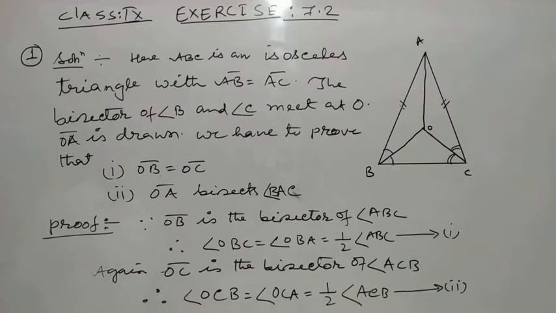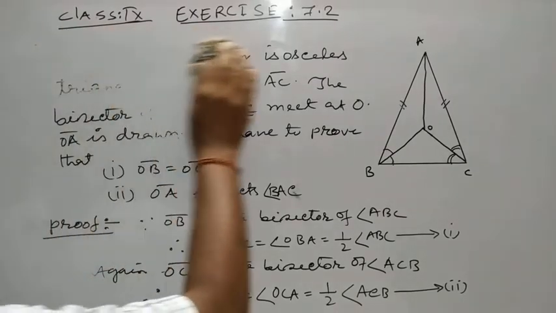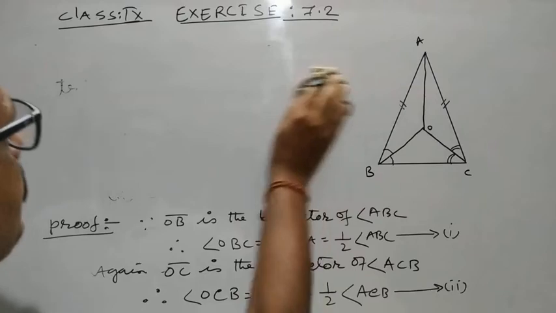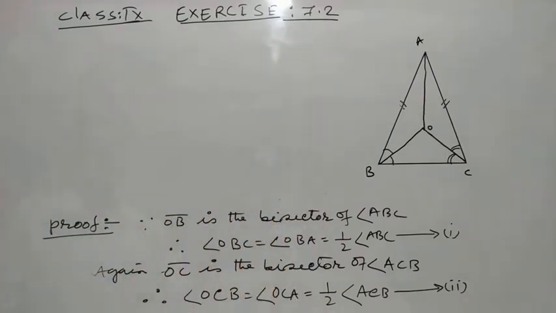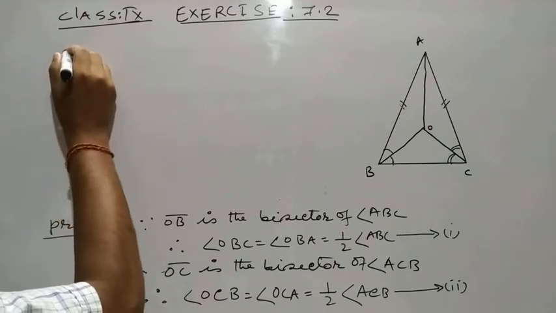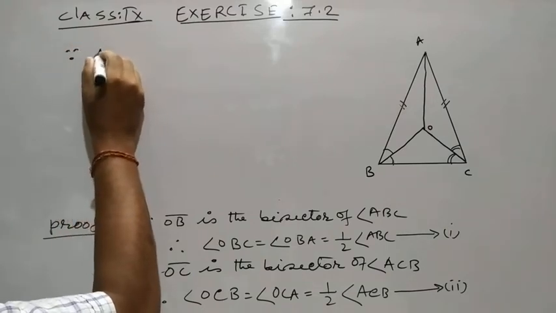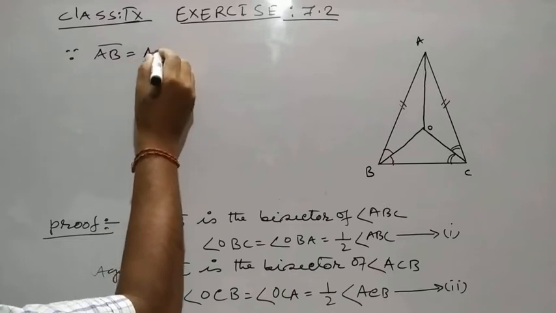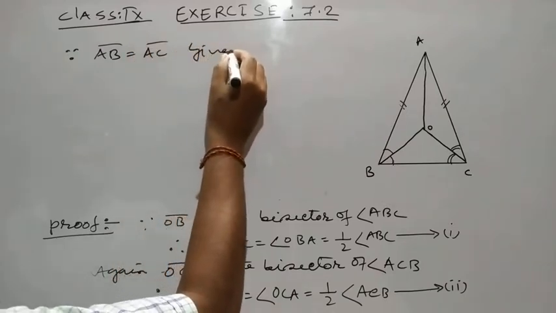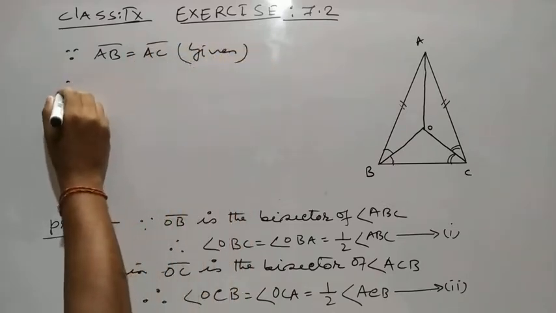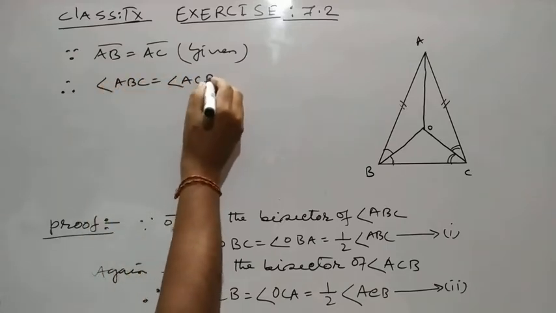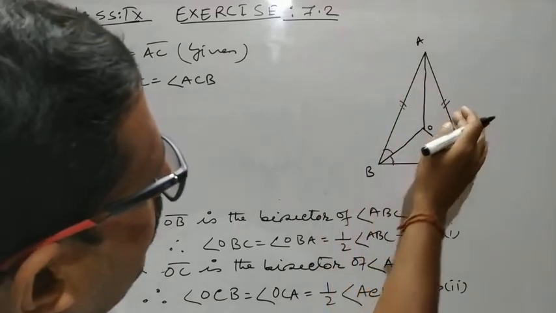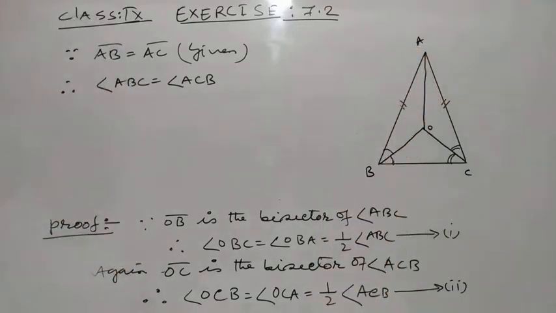Now you see, it is given, since AB equal to AC given, therefore angle ABC equal to angle ACB. We are given this and this equal, so we know that angles opposite to equal sides of a triangle are equal.